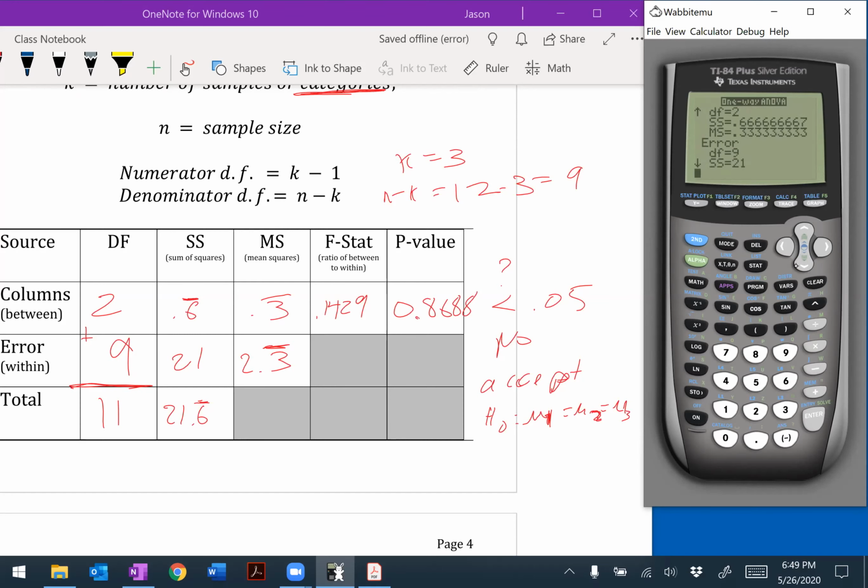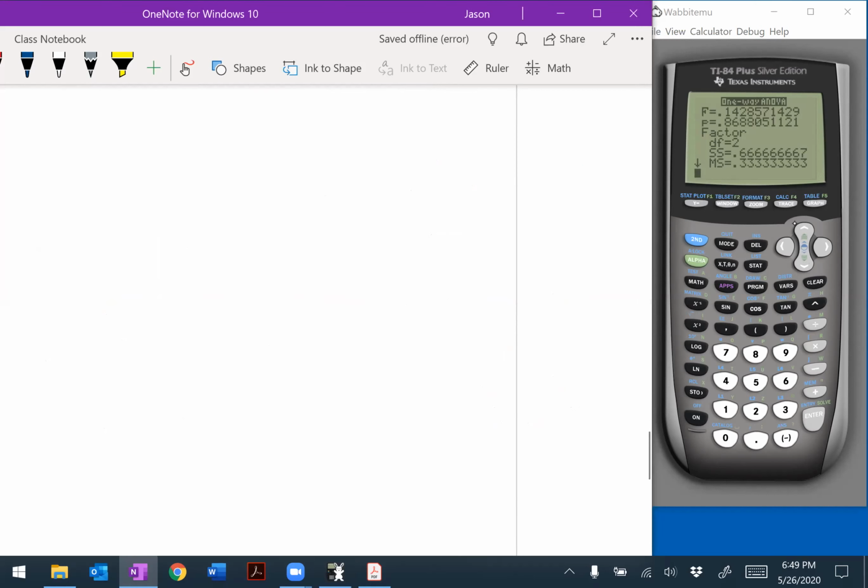Okay, degrees of freedom is 9. So, sum of the squares was 21, and the mean of that, the average of that would be 2.3. Okay, and then they give you some sample standard deviations there for the whole thing. Okay, but that's one way ANOVA. So that's how you do it on the calculator.